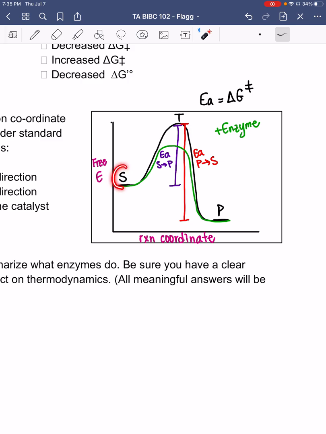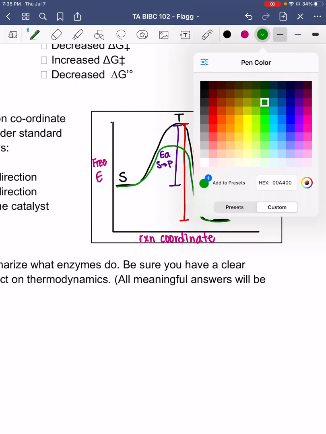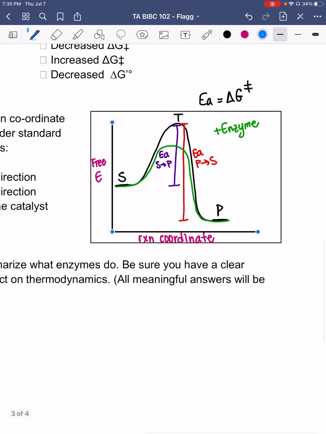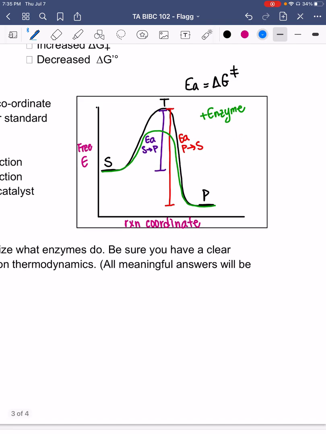So all you want to do is see where the energy level of substrate and product are, and you just take the difference of those. So we will take the color blue, and we'll do this. Wherever the substrate is, wherever the product is, the difference of that is delta G prime naught. And there you go.